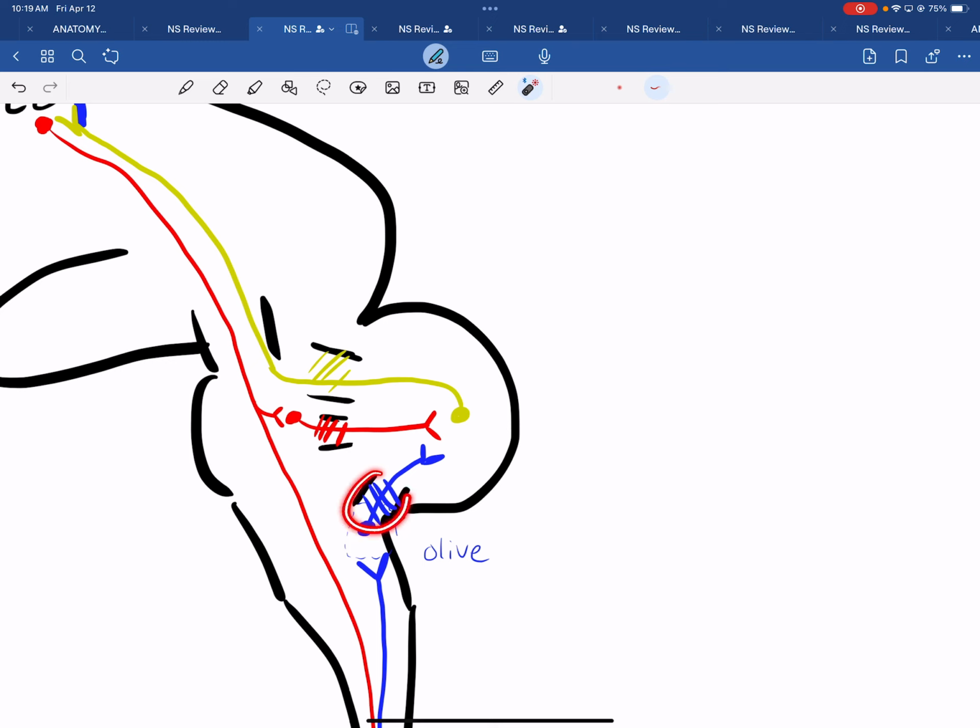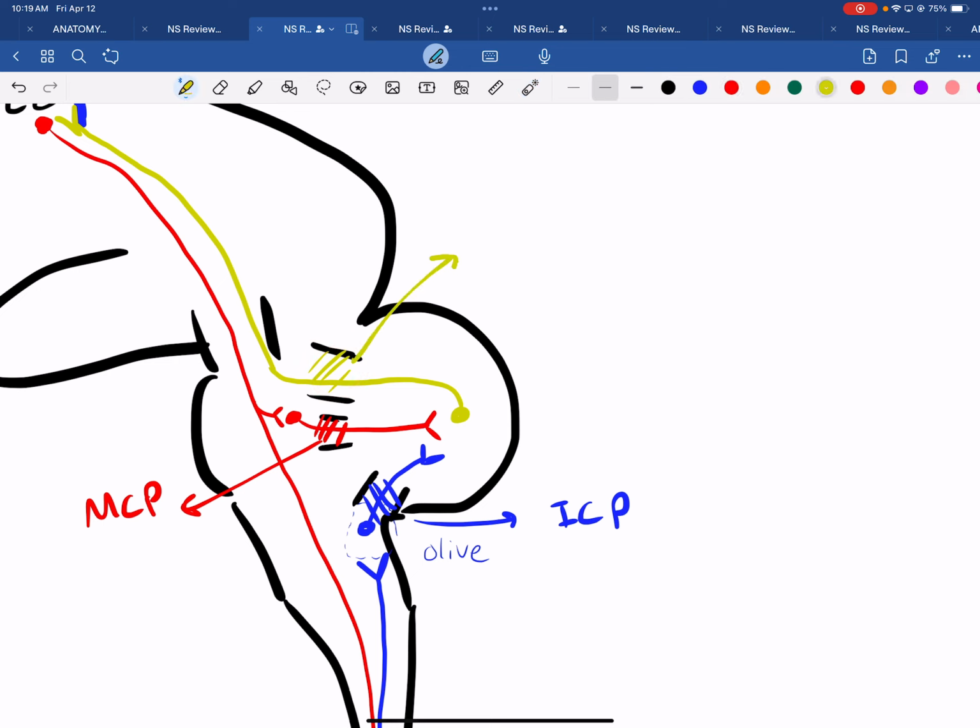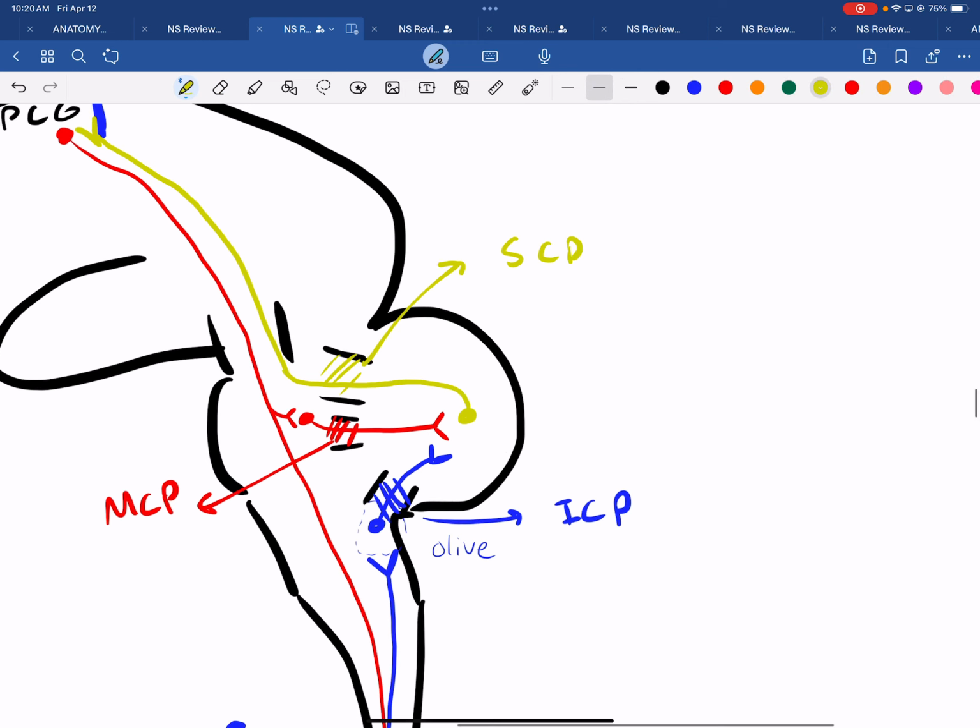So what is this structure called? That's the inferior cerebellar peduncle. Good. What about this one? Middle. Good, that's the middle cerebellar peduncle. And what about this one? Good, that's the superior cerebellar peduncle.